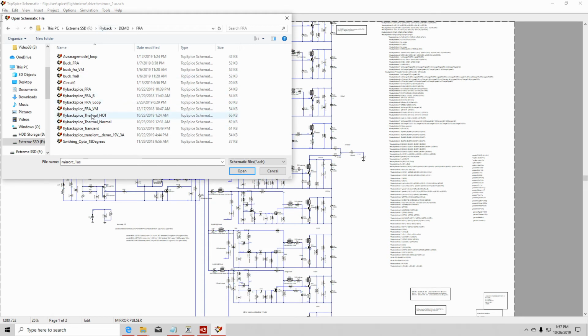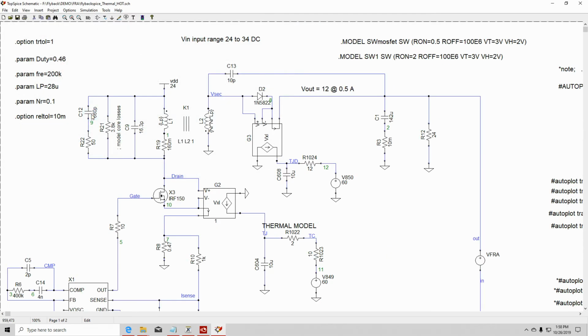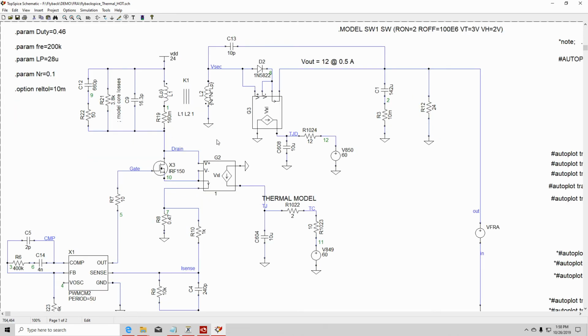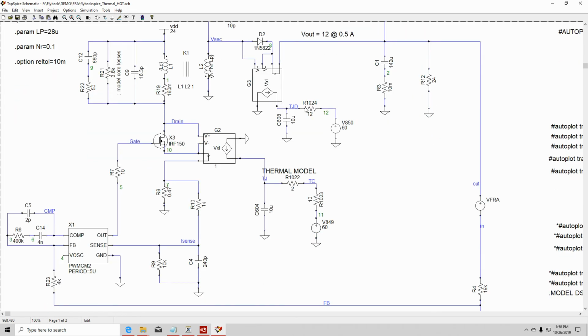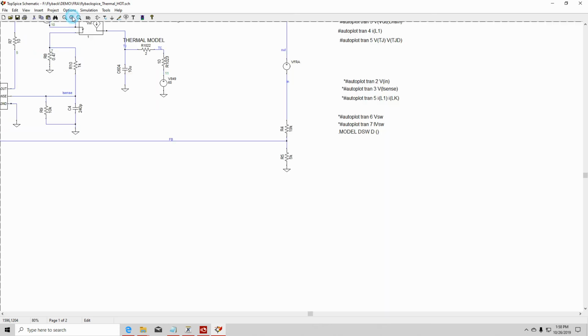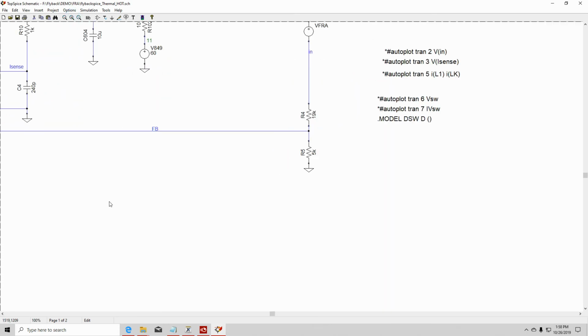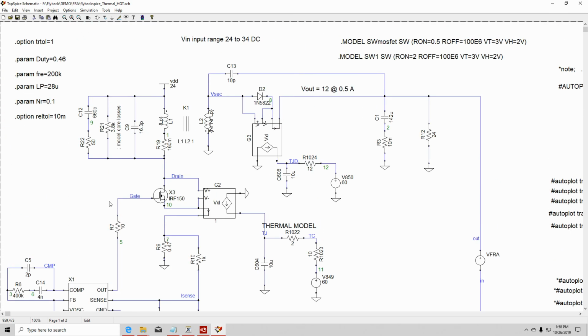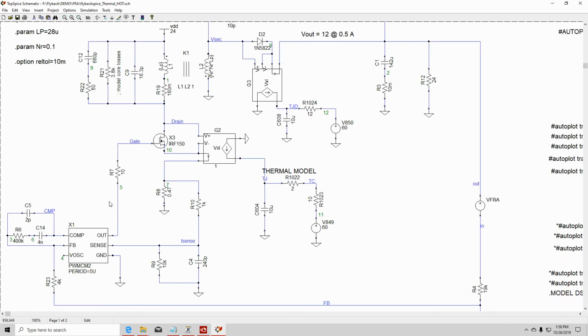Oh, thermal hot. Okay, so here is my switch mode power supply that I simulated in the last video, and I guess I'll just leave it like this.